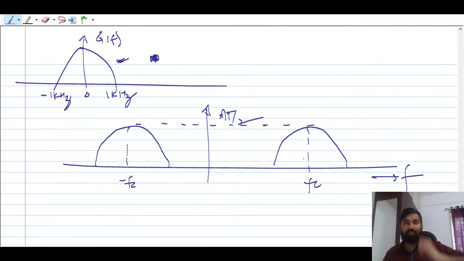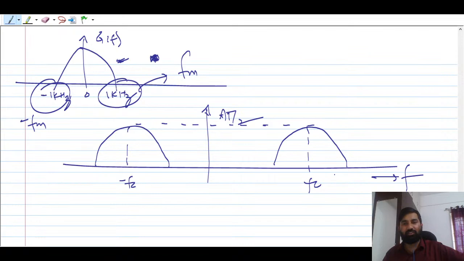Suppose this is a message signal of bandwidth fm, this is minus fm. So this is fc plus fm, and this is fc minus fm.